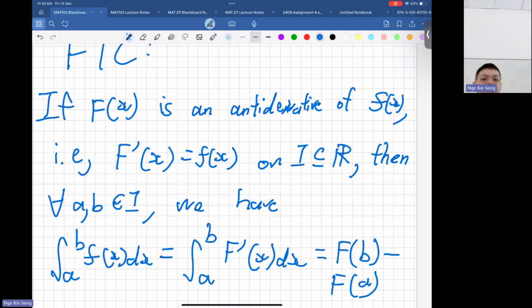Okay, so we're going to generalize this to a line integral. Can you imagine how to generalize this to a line integral? How do we generalize the derivative of f?